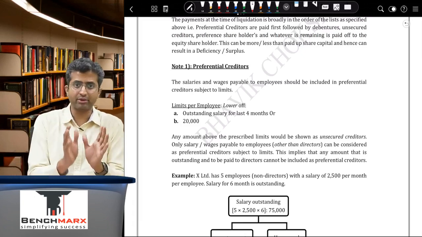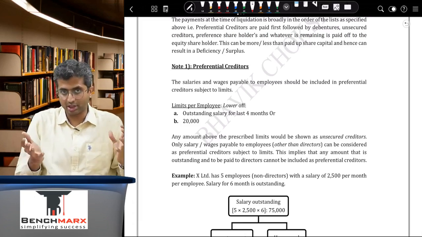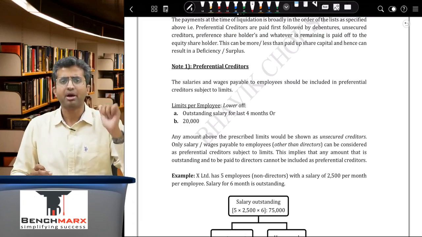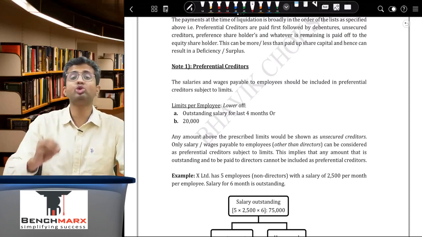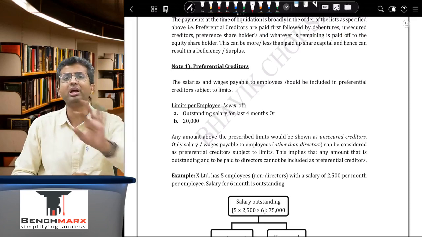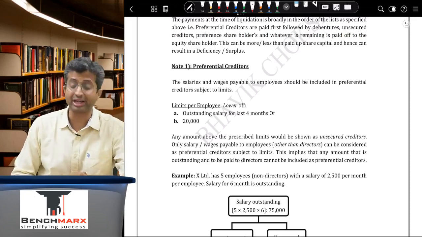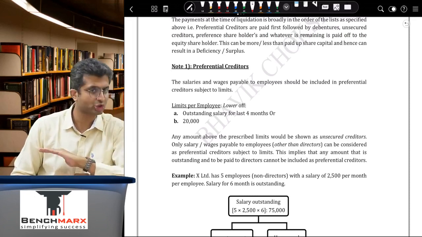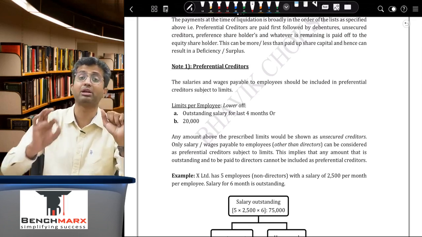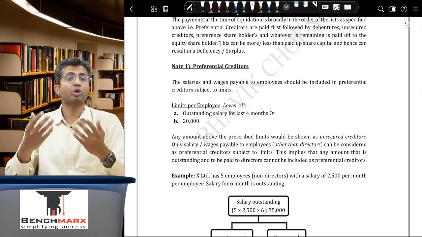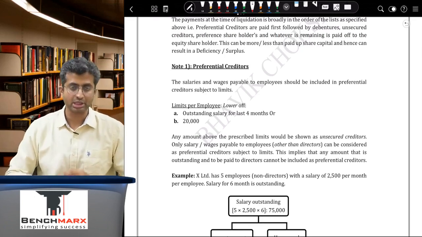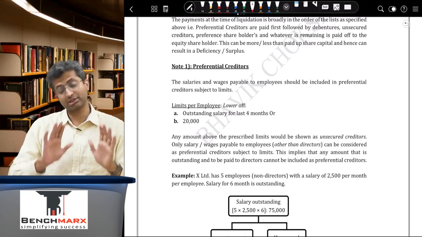It says that salaries and wages due to the employees are preferential, but not all salaries and wages. First of all, any dues which are due to the directors will not be treated as preferential. So directors, whether it is a managing director or a regular director, does not really matter. Directors' dues will not be treated as preferential, they will be treated as unsecured creditors. So employees other than directors, yes.